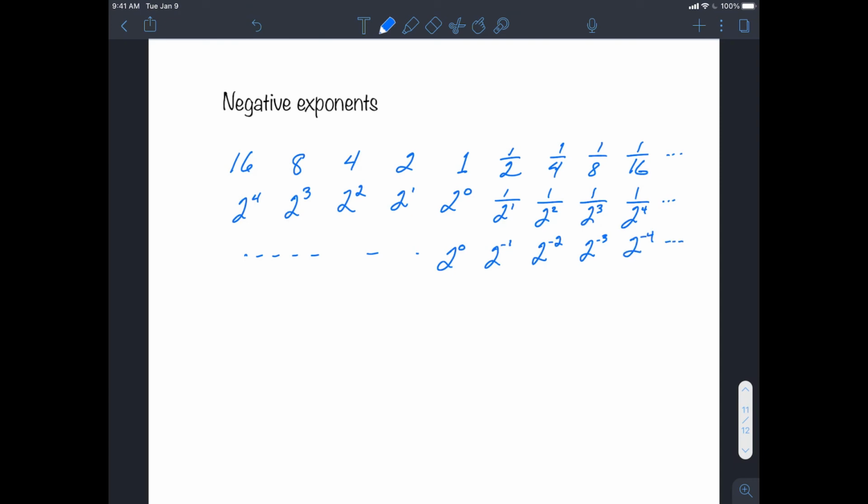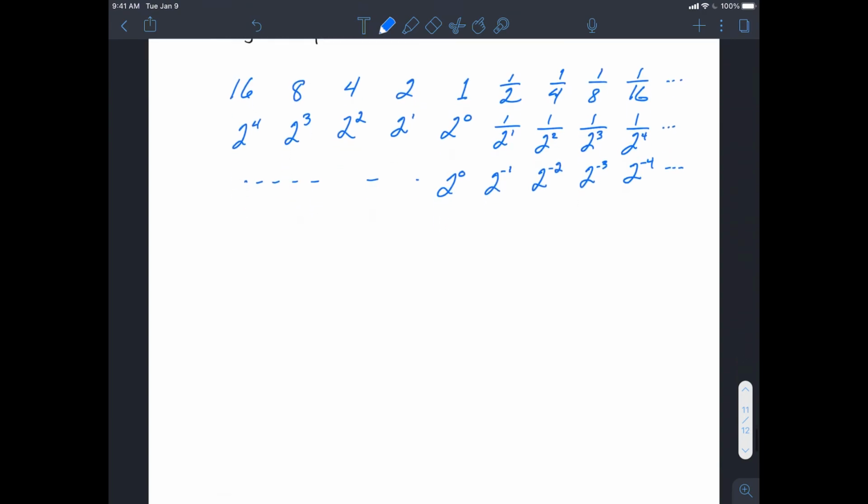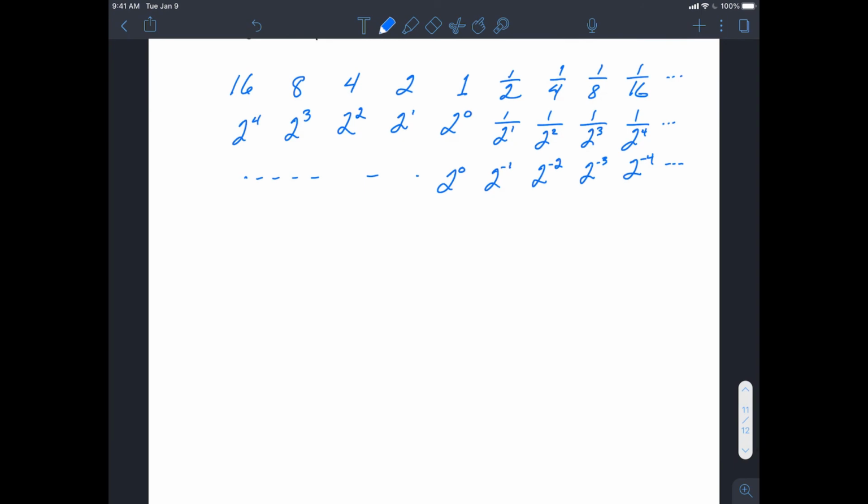So this is how we find meaning in the negative exponents. So far, we see that 2 to the -1 is equal to 1/2. 2 to the -2 is equal to 1/4, or 1 over 2 squared, and so on.